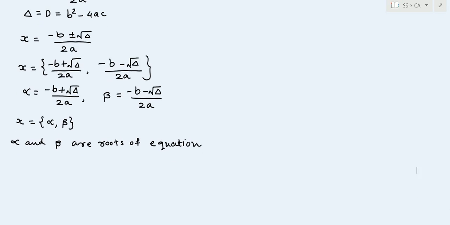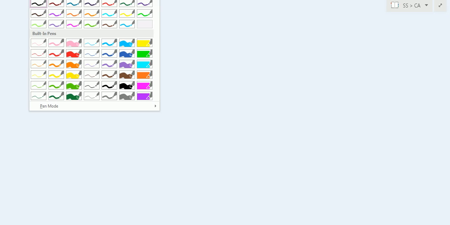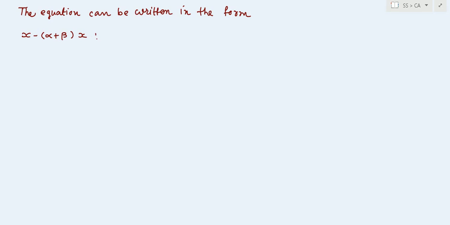Okay, now some important points. The equation can be written in the form x square minus alpha plus beta x plus alpha beta equal to 0.